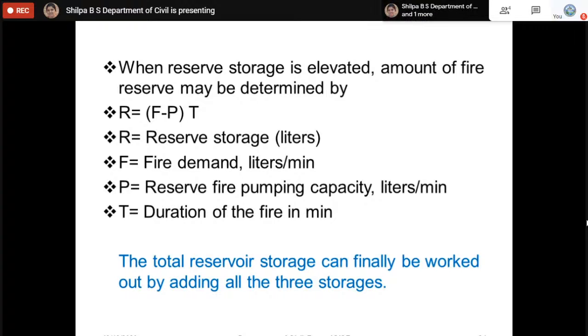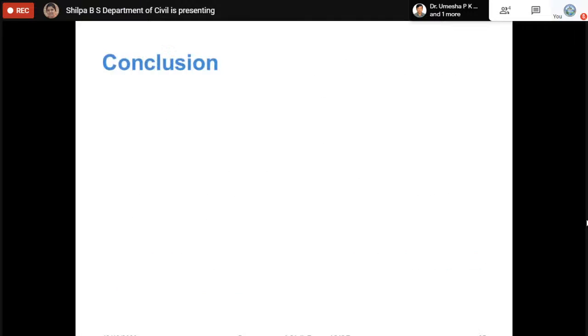When the reserve storage is elevated, the amount of fire reserve may be determined based on the relation R = (F - P) × T, where R is the reserve storage, F is the fire demand, P is the reserve fire pumping capacity, and T is the duration of the fire. Based on this concept, we can determine the total storage capacity that is needed.